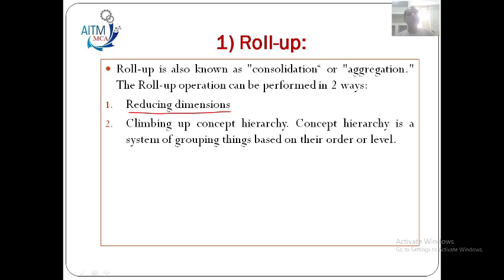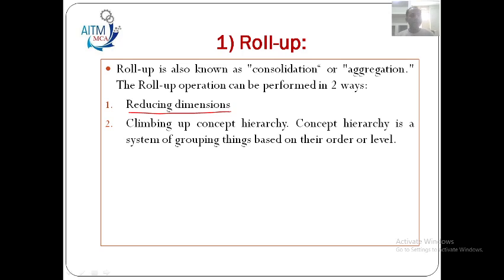The second way of performing roll-up is combining up, using a concept hierarchy. A concept hierarchy means we combine things. It is a system of grouping things based on their order or level. For example, when I need your aggregate result, you just combine the results of the first semester, second semester, third semester and fourth semester, and tell me the overall result.